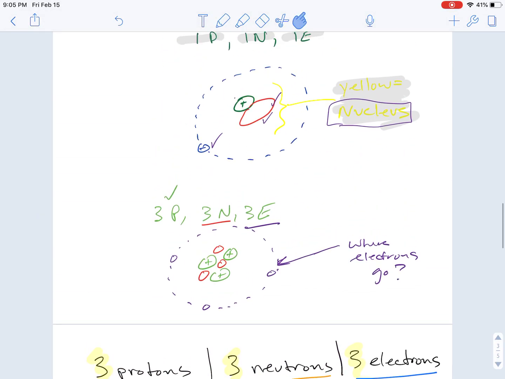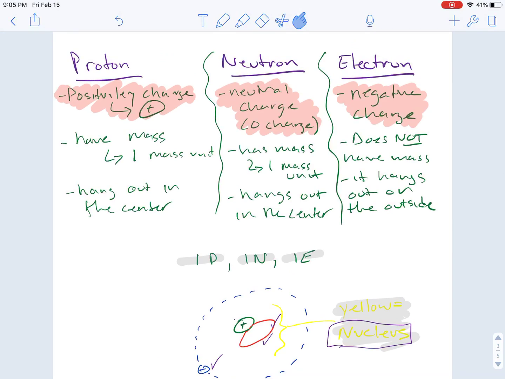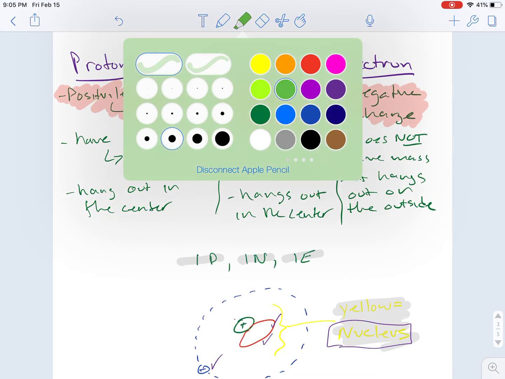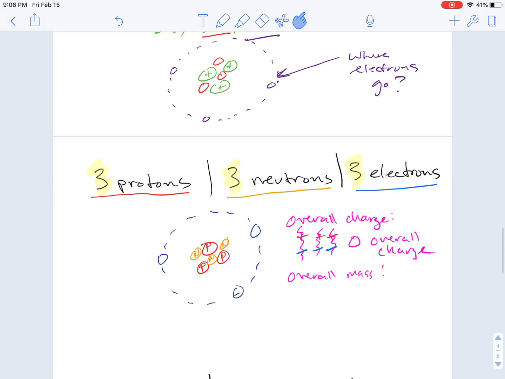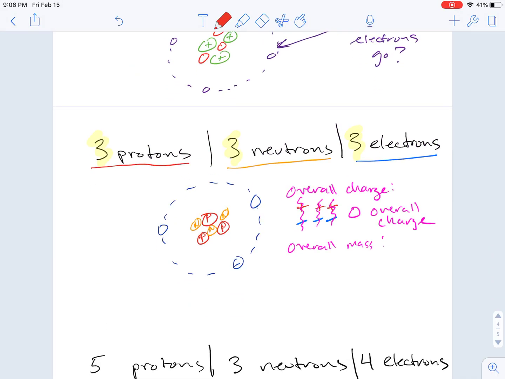If we go up to this, you can see that protons have 1 mass, neutrons have 1 mass, whereas electrons do not contribute to the mass. So now let's go back down to our atom. Protons, we have 1, 2, and 3.